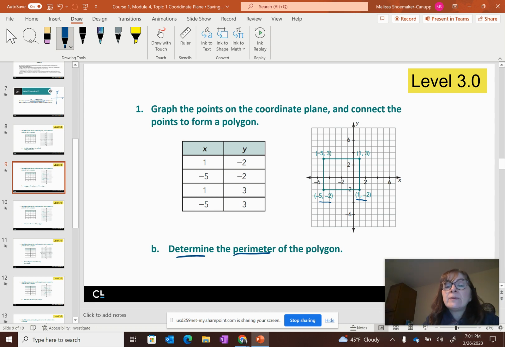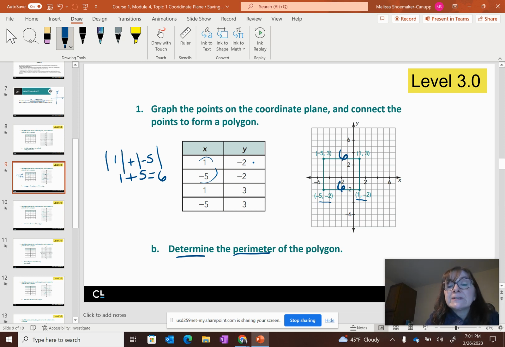Determine the perimeter of the polygon. Well, I can do what we just learned, and I see that these two are the same. So I'm going to think about the absolute value of these two numbers and the distance between them. If my y is both -2, then the distance here is 6.